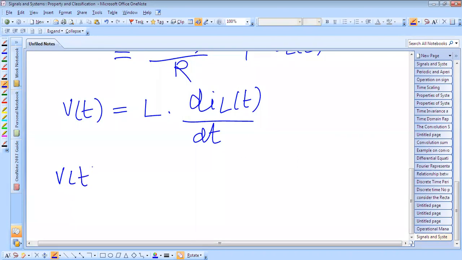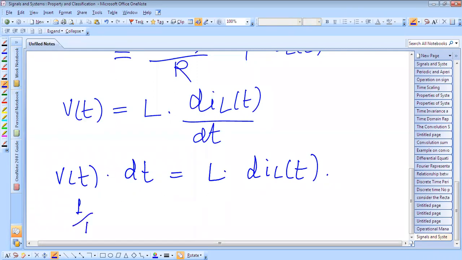v of t into dt is equal to L into diL of t. So we can take this L to the other side: 1 over L, v of t into dt, is equal to diL of t.